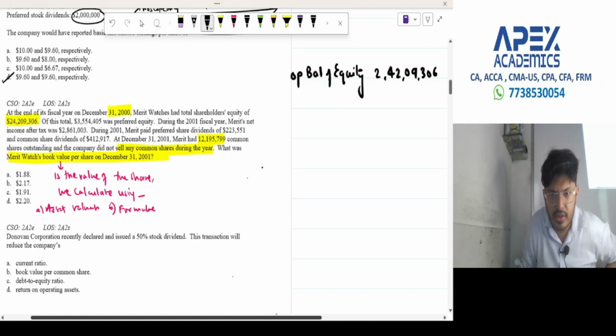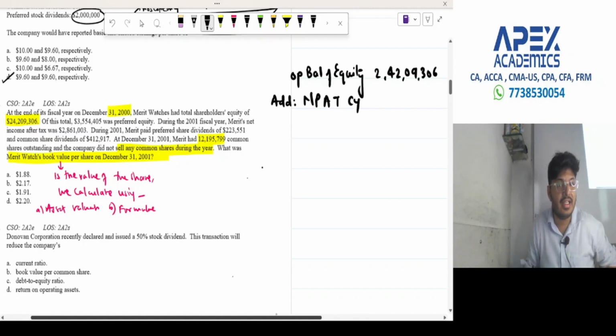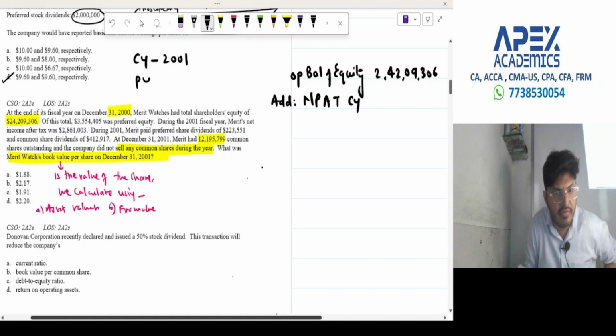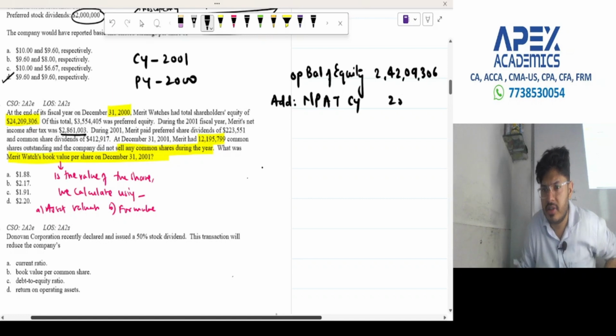My dear friends, to this I will add net profit after tax of the current year. For me, remember, my current year is 2001 and my previous year is 2000. So the profit of the current year is 28,61,003.